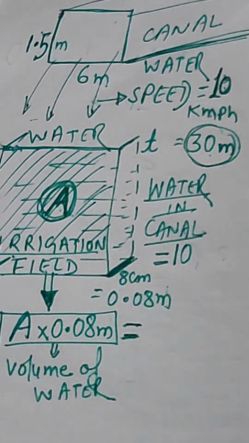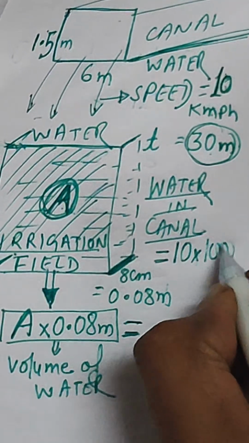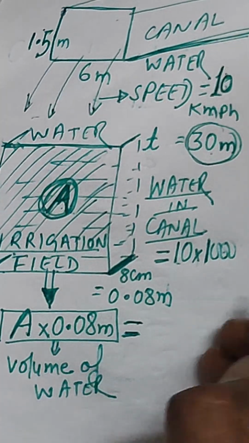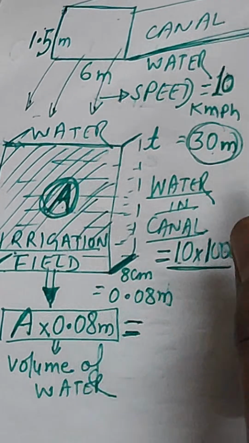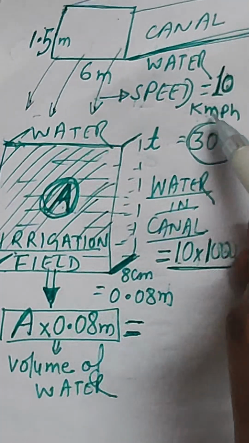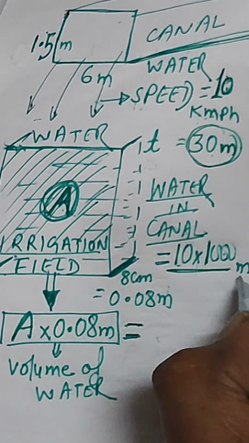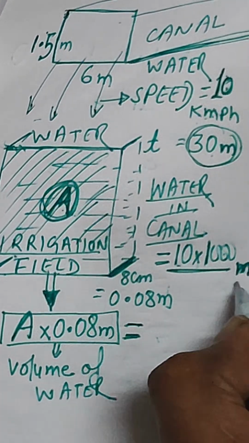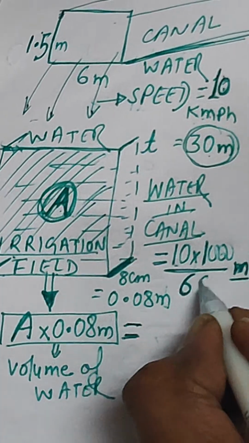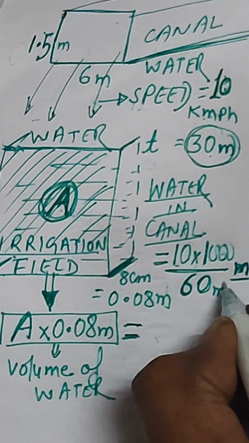It just needs to be converted into meter. So 10 into 1000, because 1 kilometer is 1000 meter, divided by hour. That means it is 10 kilometer per hour. So this is the speed in meter per hour. Instead of hour, divide by 60 so that it will be in minutes.